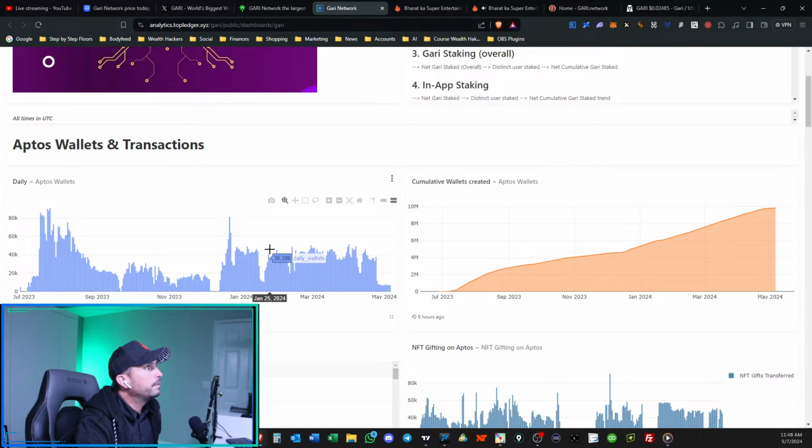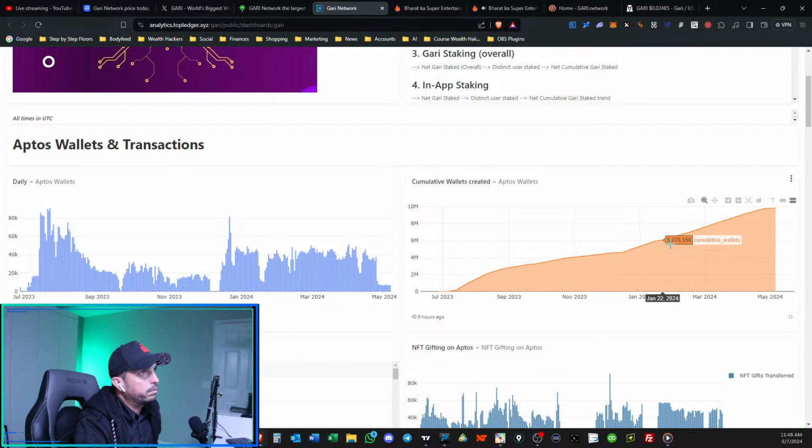It has volume at the beginning of the year, and it kind of dies out a little. Cumulative wallet creations. Okay, since 2023 it went up from 35,000 at the start all the way to 9 million. Is that right? 9 million wallets. That's crazy. That's what it says.